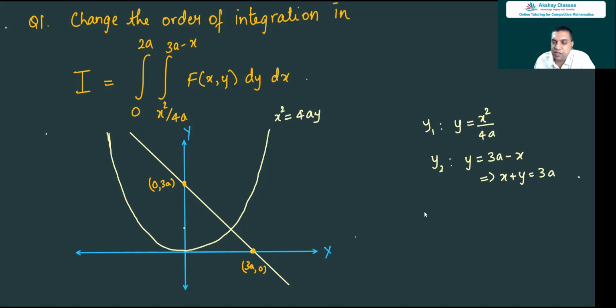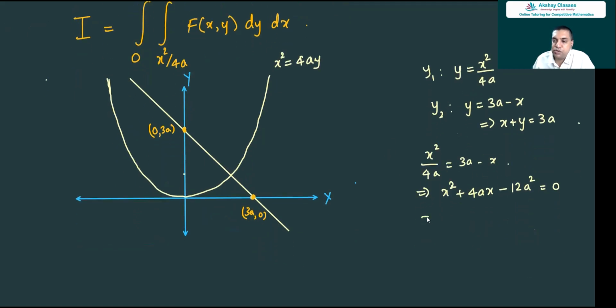So for the point of intersection, we have x square by 4a is equal to 3a minus x. So we get x square plus 4ax minus 12a square equal to 0. So 6 into 2. So x square minus 2ax plus 6ax minus 12a square is equal to 0.